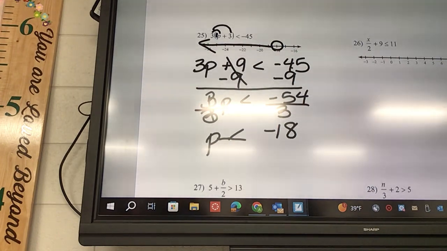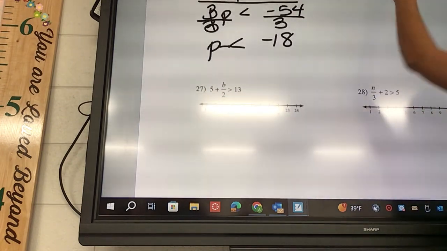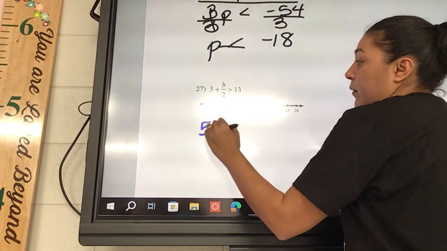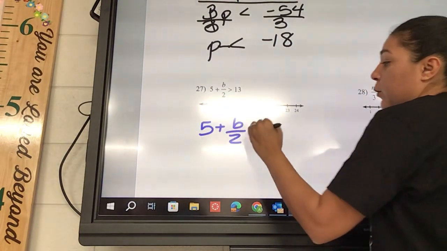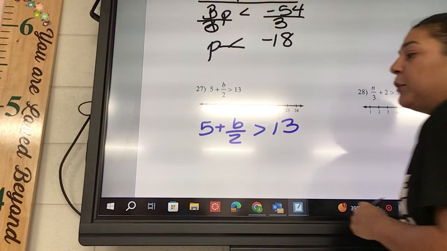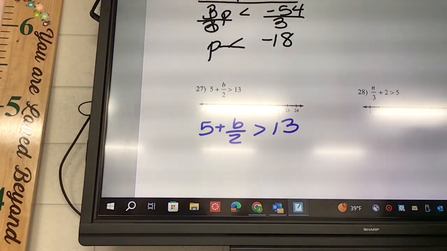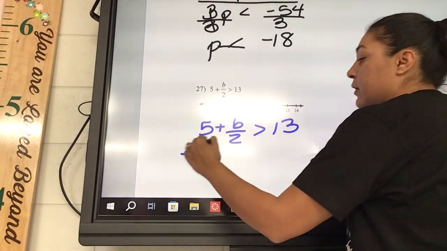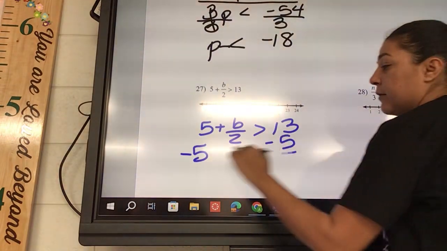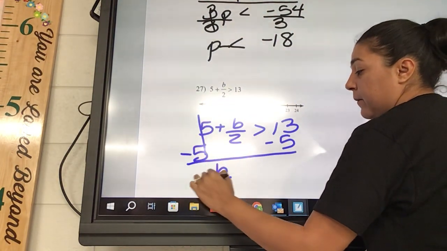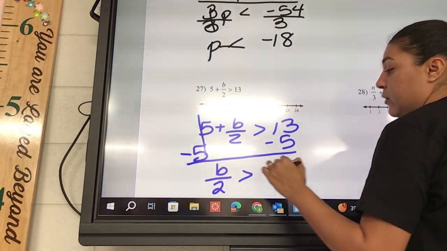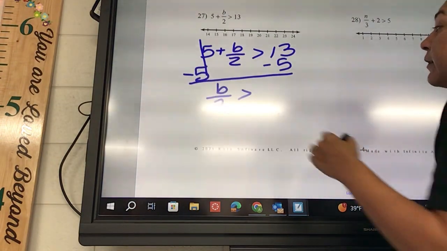Okay, 27. Who's the third wheel on their date? The 5. Good job. I gotta write mine down here because my marker won't fit in there. Okay, how do I move that 5 though? Minus 5. Okay, so we're gonna say minus 5, minus 5. What is 13 minus 5? 8.